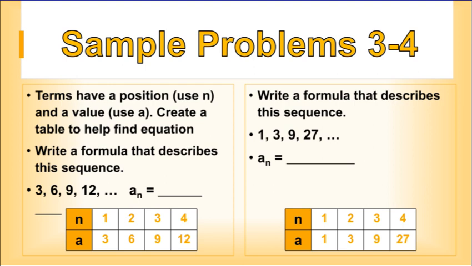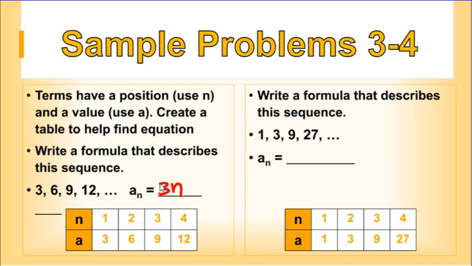So if I look at my numbers here, 1, 3, 2, 6, 3, 9, 4, 12. How do you go from a 1 to a 3, a 2 to a 6, 3 to a 9, 4 to a 12? Well, I know I'm multiplying by 3 each time. So if I take my n and multiply by 3, that will give me my a. So a subscript n equals 3 times n.